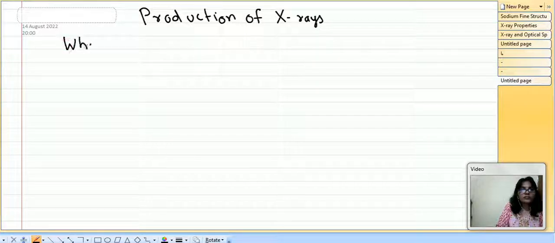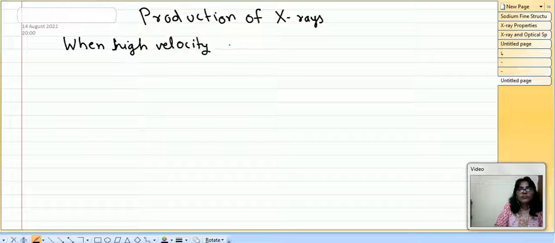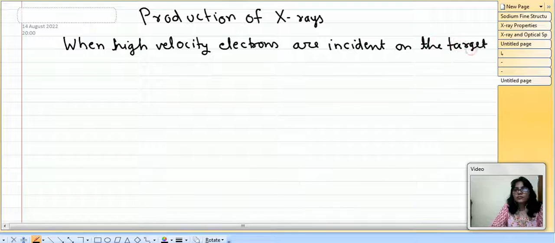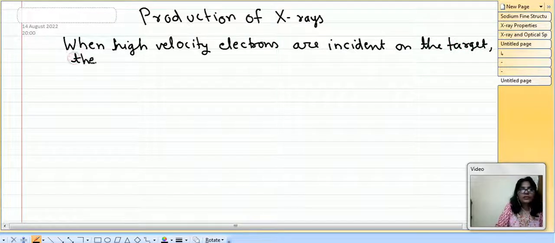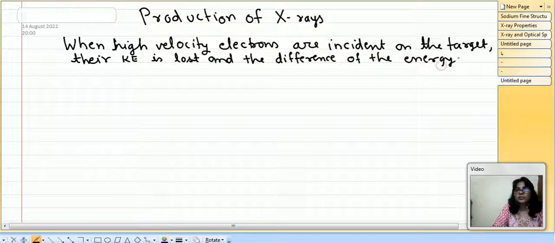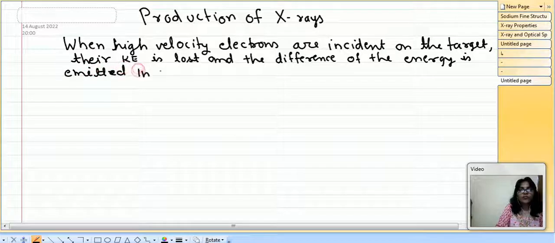When high velocity electrons are incident on the target, their kinetic energy is lost, and the difference of the energy is emitted in the form of X-rays.